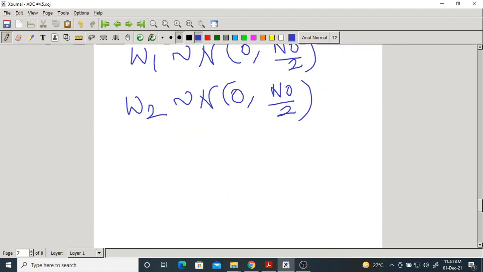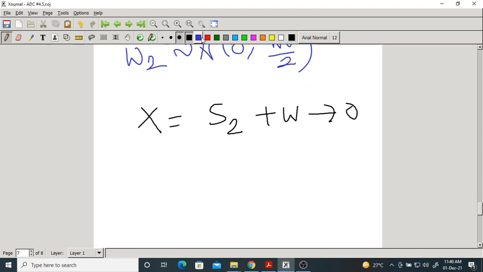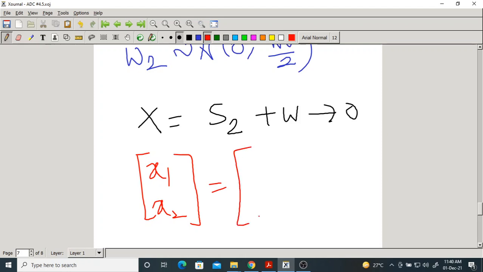For symbol 0, what is vector X? That is vector S2 plus vector W for symbol 0. Obviously, I can write directly. The X elements are X1, X2. The elements of the S2 vector are 0, root EB. The elements of vector W are W1, W2.